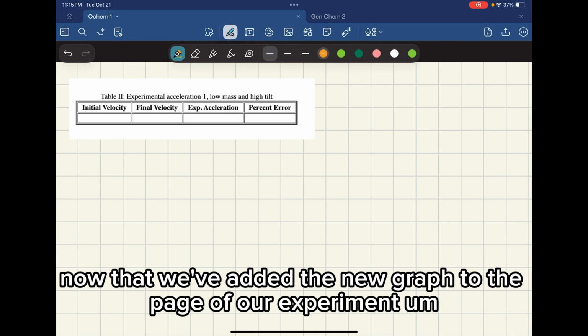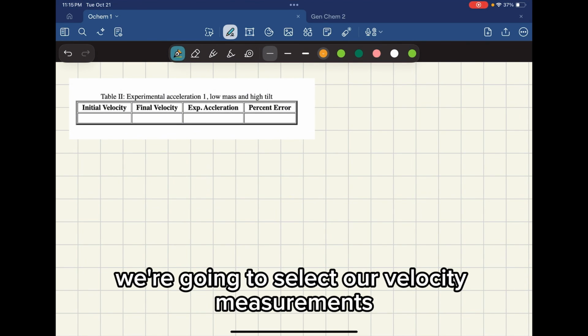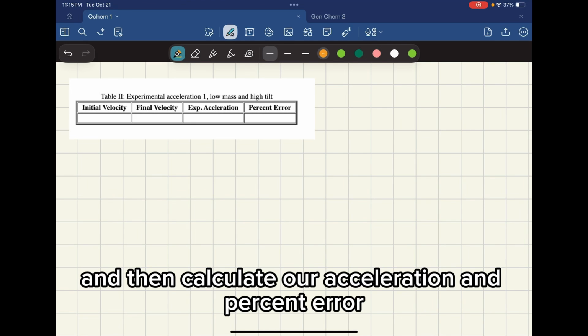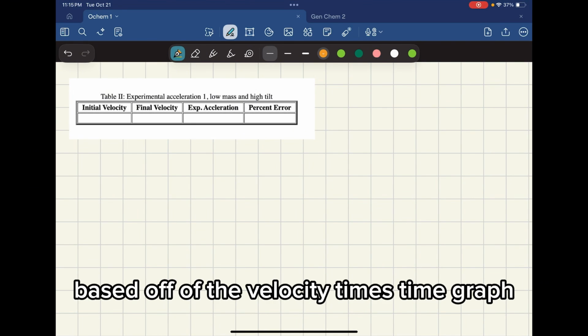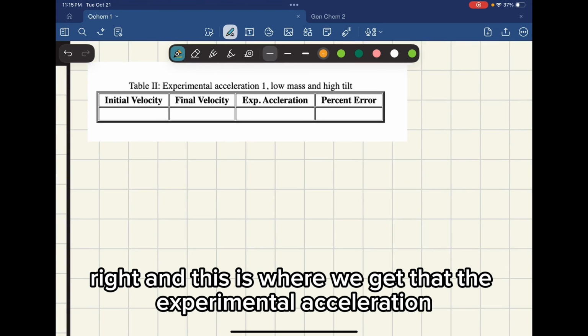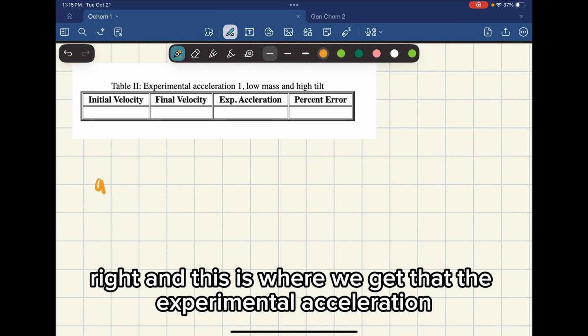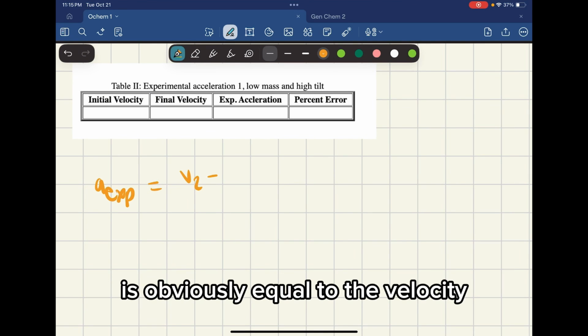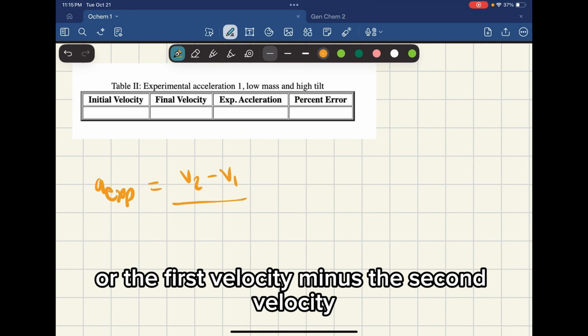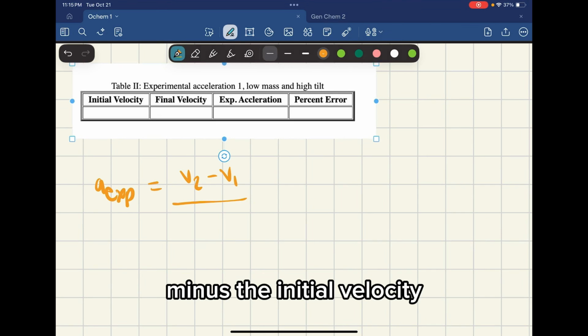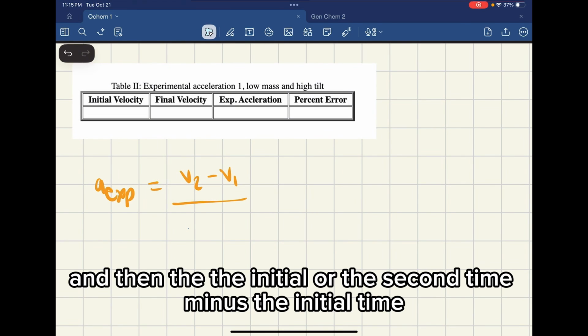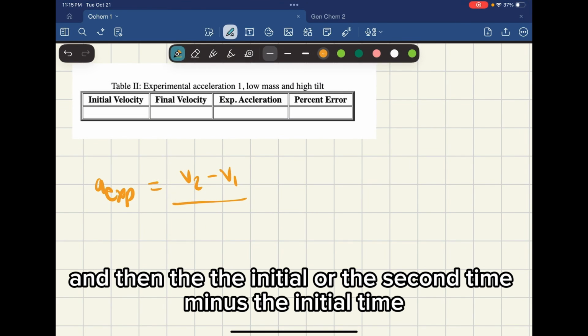Now that we've added the new graph to the page of our experiment, we're going to select our velocity measurements and then calculate our acceleration and percent error based off of the velocity versus time graph. And this is where we get that the experimental acceleration is equal to the first velocity minus the initial velocity, divided by the second time minus the initial time.